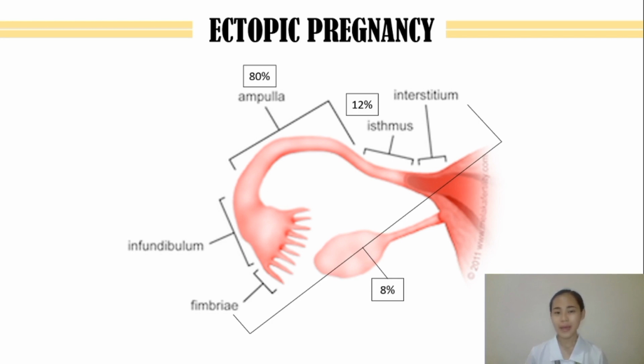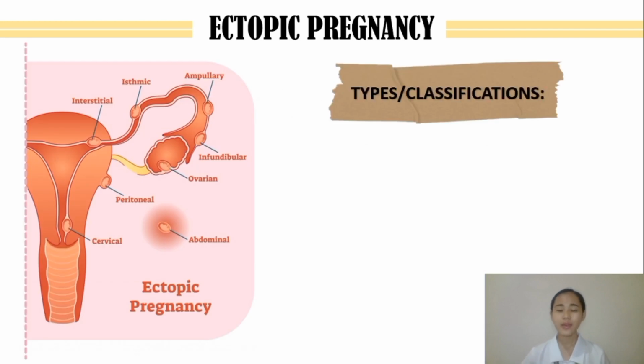Now this creates a bigger problem when the fertilized egg is implanted outside the uterus, knowing that the zygote will start growing. Now, there are different types and classifications of ectopic pregnancy.